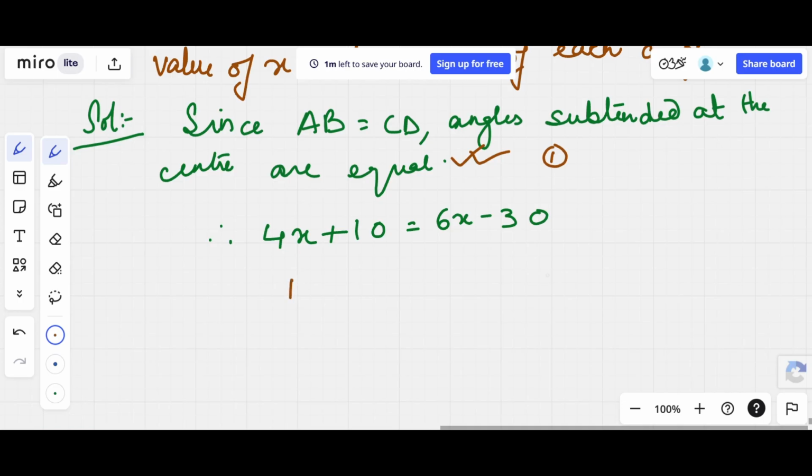So 10 plus 30 equal to 6x minus 4x. 40 equal to 2x and x is equal to 20.